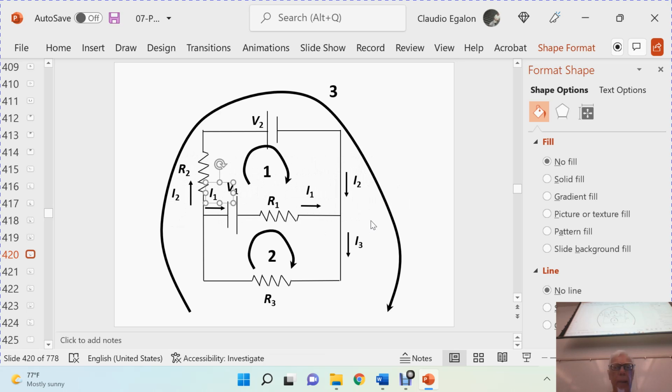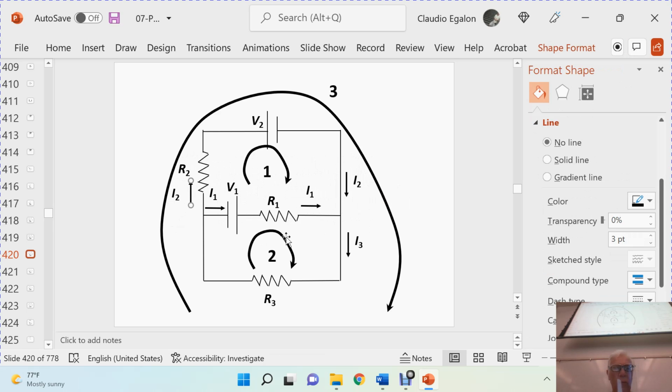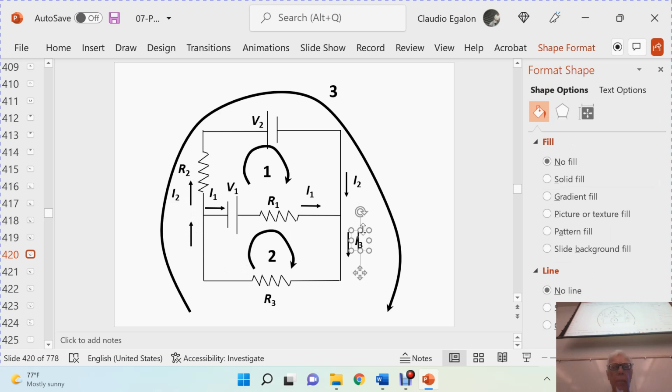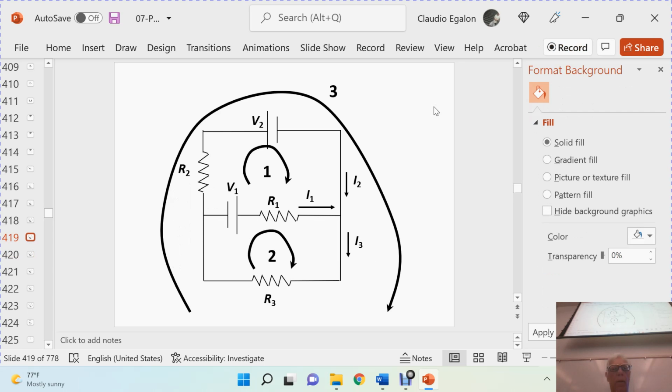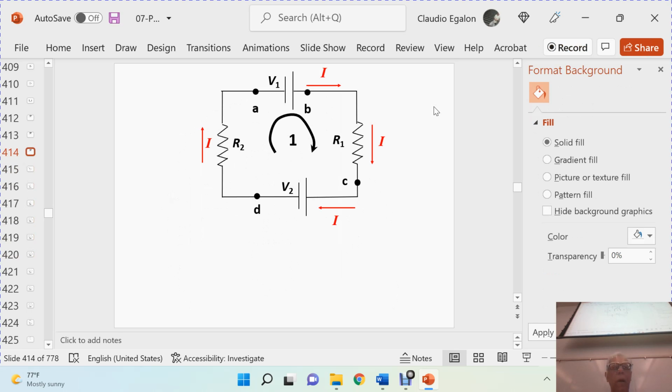And then if I3 is in this direction, downwards right here at the spot, it means that we're going to have I3 going upwards here. Okay, so let's do that. Here you go. Let's do that again. Here you go. That's the circuit we have.